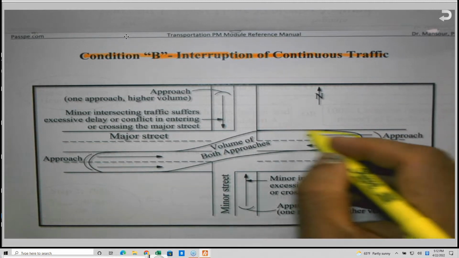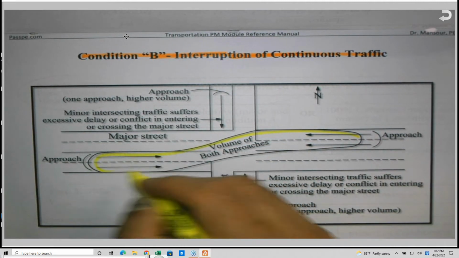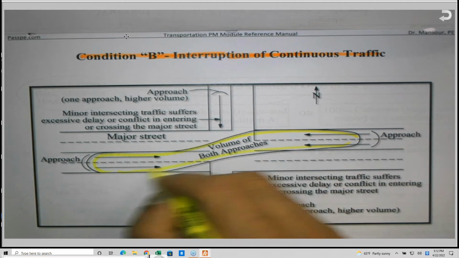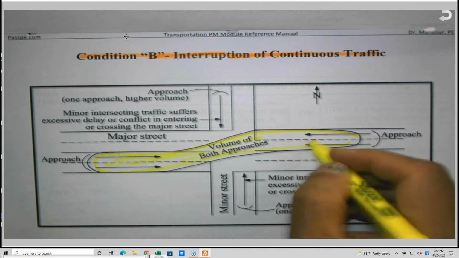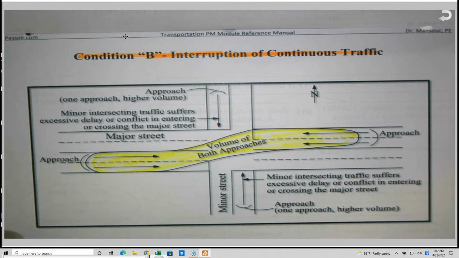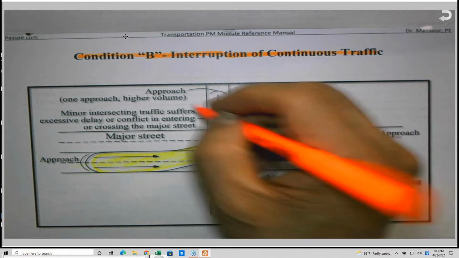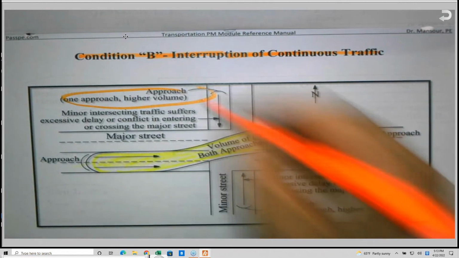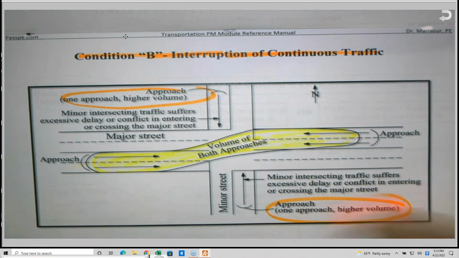We pick both approaches. No change. Both. And for the minor, I pick the higher volume, either this or this.